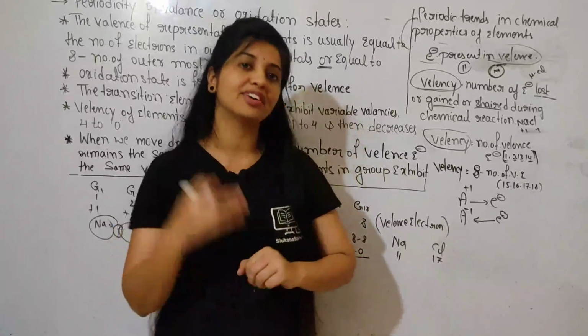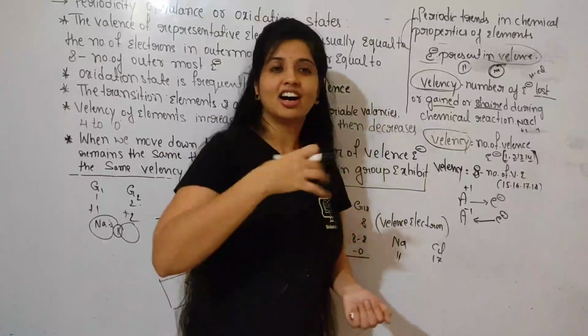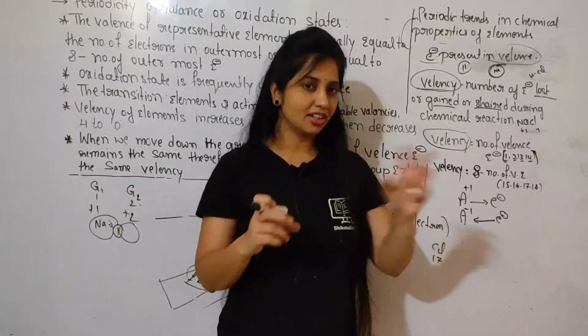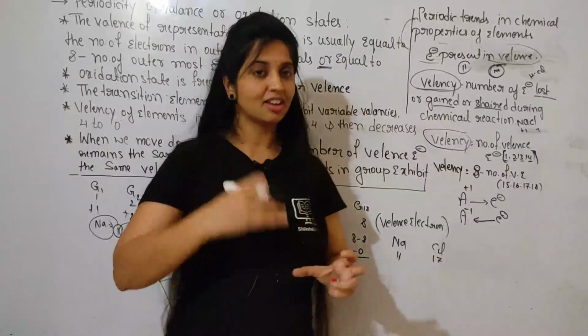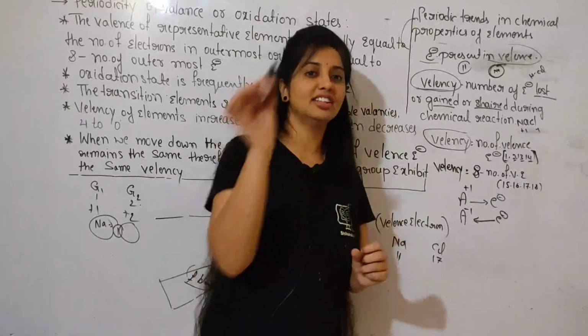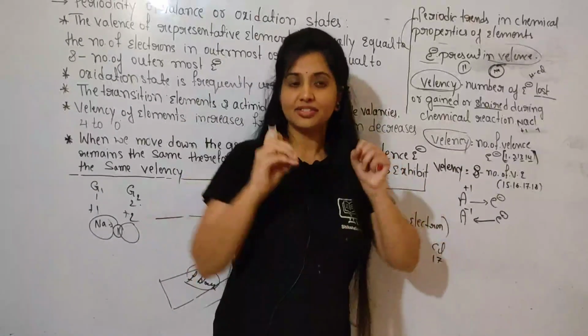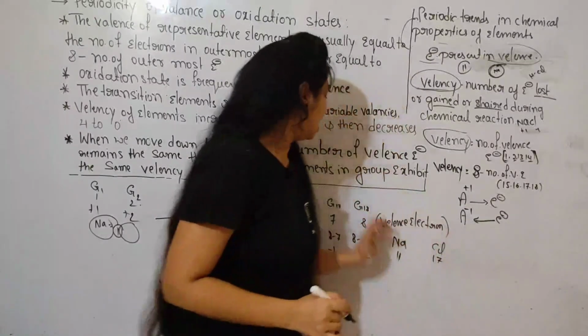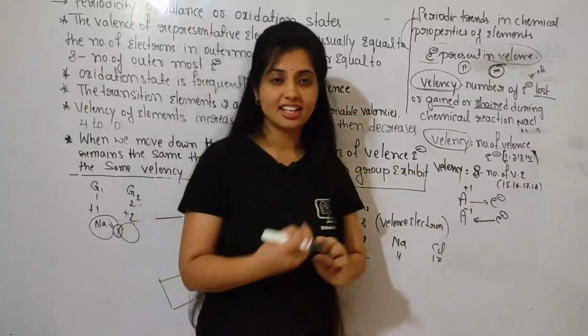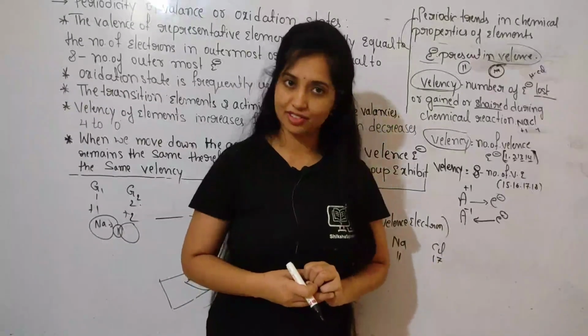So what is the meaning of the octet rule? I will explain this rule in detail in the next classes. Just remember, they wish to attain the octet rule, meaning in their outermost shell they wish to have 8 electrons, or all elements wish to attain their stable state or noble configuration.